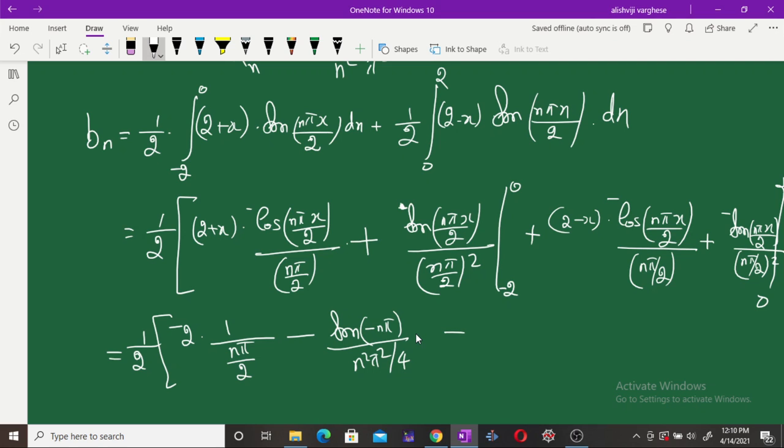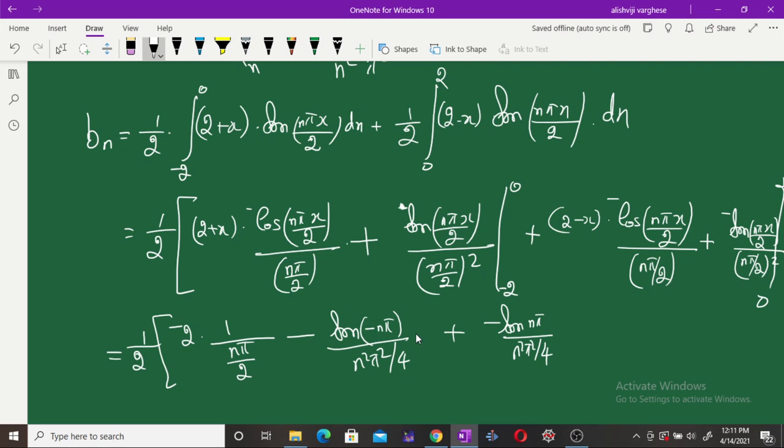then plus the second integral at the upper bound, 2 minus 2 becomes equal to 0, and the sine term is minus of sine n pi divided by n square pi square divided by 4.